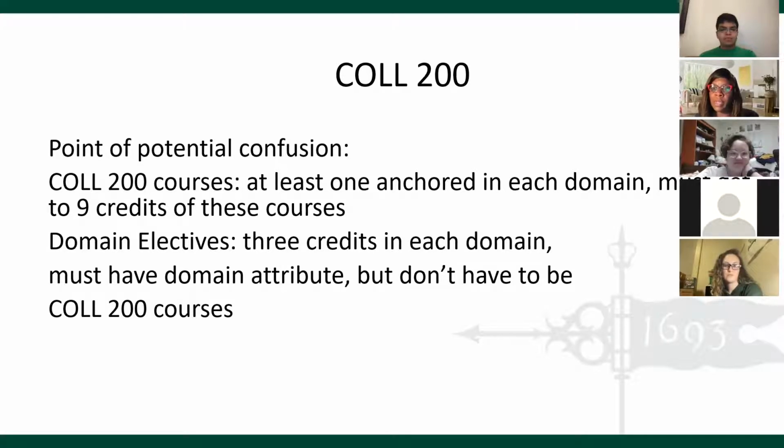So you need 1 in each, right? Because they introduced the COLL 350, okay? Now, we talked about the knowledge domain and the COLL curriculum, the C200. Students will get confused because they're like, well, I already took an ALV. So can that ALV count for my knowledge domain as well? No, it can only count for one. So you end up having to take two courses that have ALV attributes, and two NQR and two CSI attributed courses.